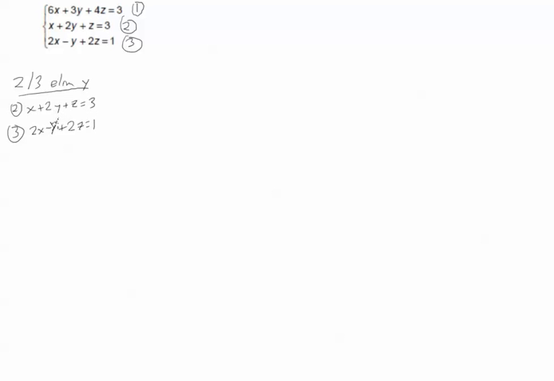Now to get this ready to eliminate a y, I'm going to need to multiply this negative y by 2, so I'll have the same coefficient, opposite signs. It's already negative, so I don't need to mess with the positive and negative. This will give me 4x minus 2y plus 4z equals 2.